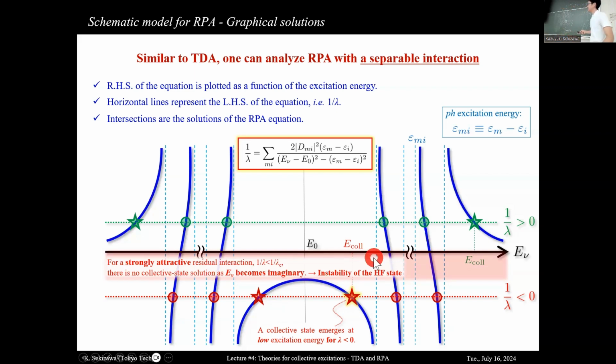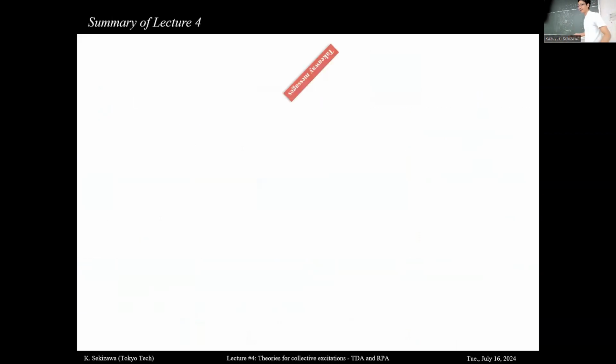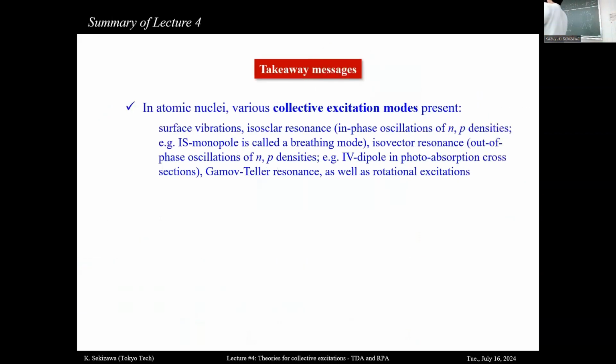Those are the graphical interpretations of the RPA equation. Now let me briefly summarize this lecture. In atomic nuclei, there exist various collective excitation modes.